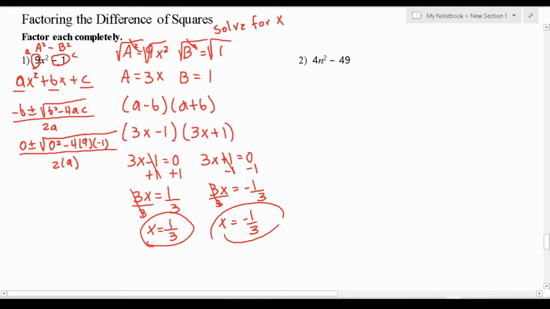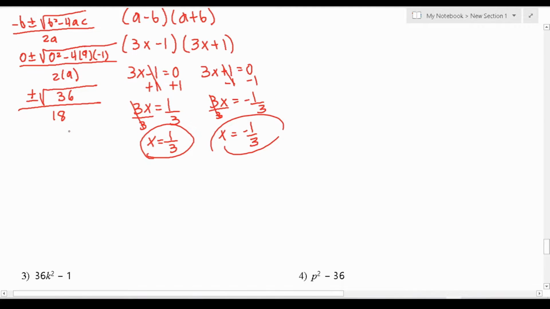Since there's nothing there, we don't have to regard it. So this is going to become plus or minus the square root of 0 squared. 0 squared is nothing, but we do have negative 4 times 9, which is negative 36. Negative 36 times negative 1 is going to be positive 36. So this is the square root of 36 over 2 times 9, which is 18.